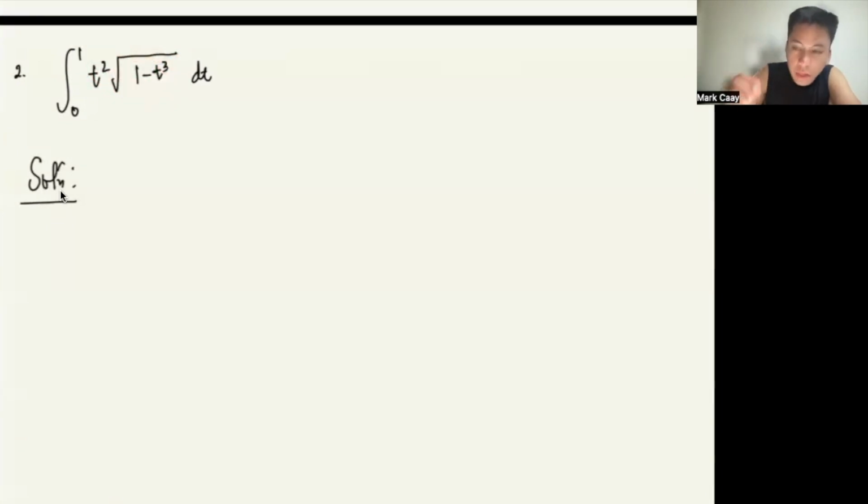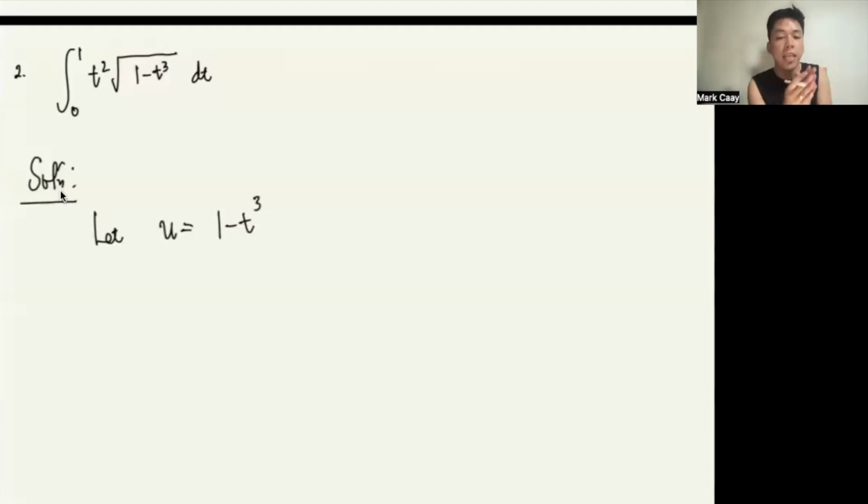I know that when the variable is raised to 3, the resulting derivative is, of course, 2, because the exponent is reduced by one. So I have an idea, I can replace it. In this case, let u be equal to 1 minus t cubed. This is what I use because when I take the derivative with respect to t, t cubed becomes t squared, and a t squared will come out here. So we can substitute it.